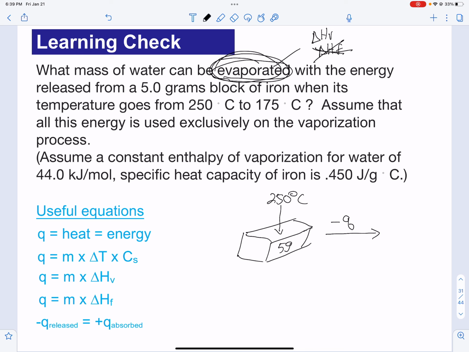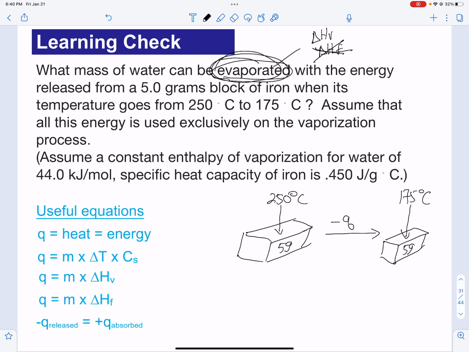And every time we're talking about heat or thermal energy, we're going to use Q. And it's going to go from its original state, it's still going to be 5 grams. That's not going to change. Nothing is happening to the block besides losing energy. And it's going to end up at 175 degrees Celsius. So that's what the problem is saying.